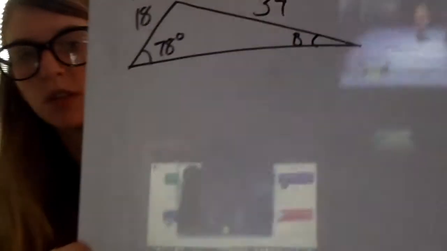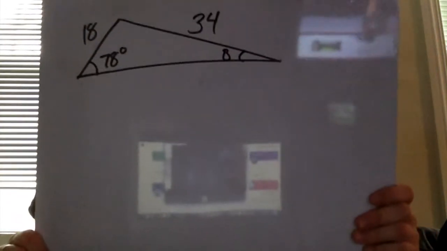Okay, so I have definitely a scaling issue here. Cool. So this is 78 degrees, and I'm solving for, let's call it B. This is my triangle.